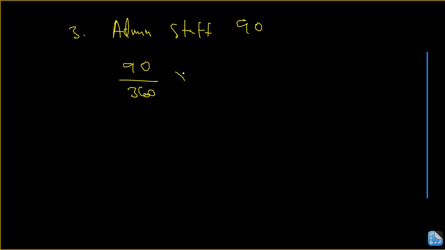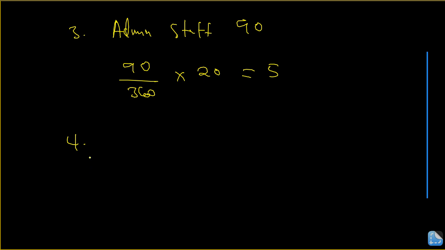Okay, and then the third one, we have our administrative staff. So admin, we have about 90 staff members. So it will be 90 over 360 times 20. You can also do the math there. What is it? Okay, so it's 5.